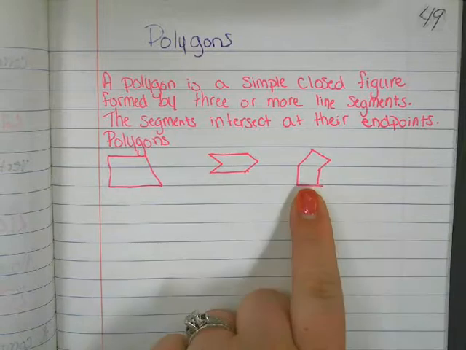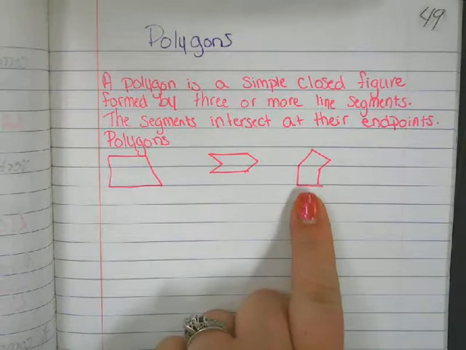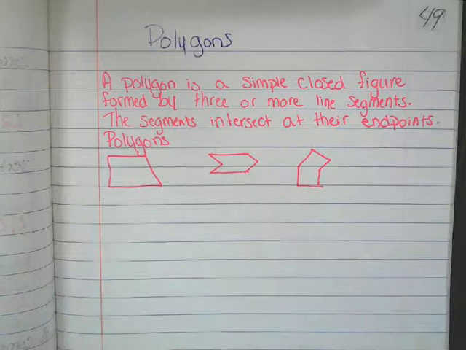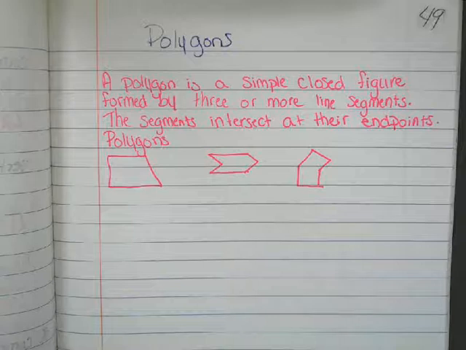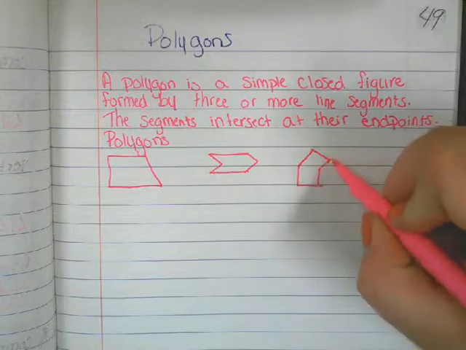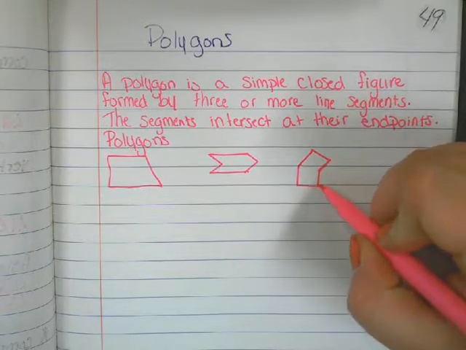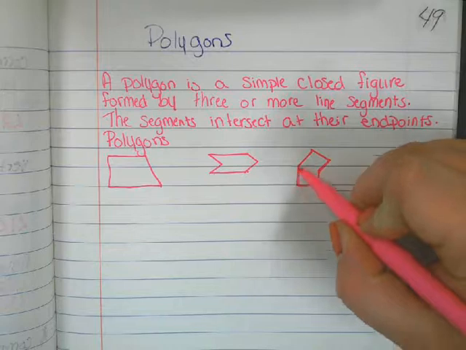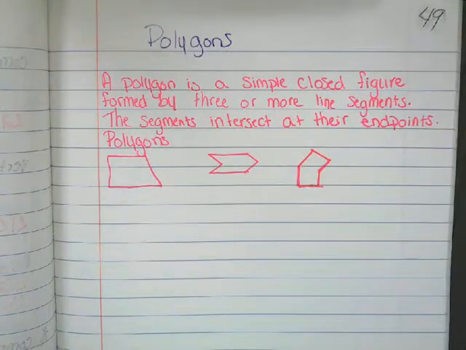Is it closed? Yeah. Does it have three or more line segments? Yeah. And does it only intersect at the endpoints? Yeah. So how many sides does this one have? Four. Careful. It's kind of hard to tell, but there's 1, 2, 3, 4, 5, 6. There are six. Alright, so that one's also a hexagon.